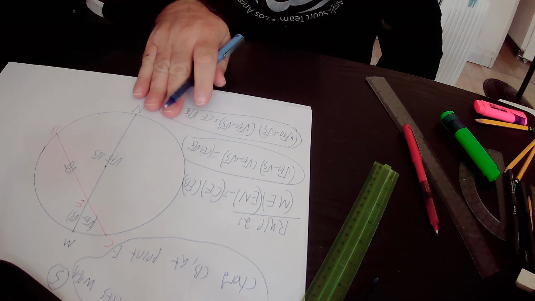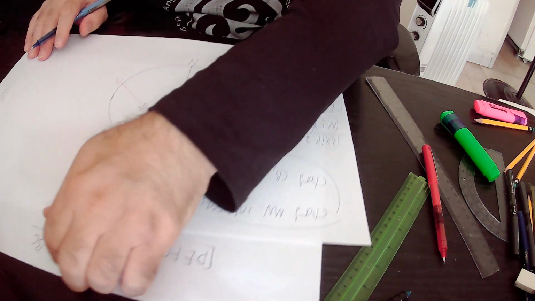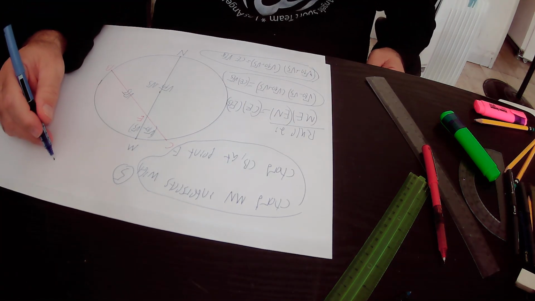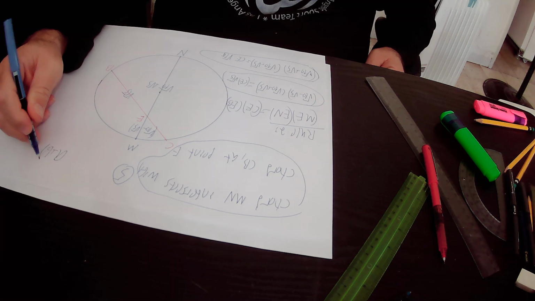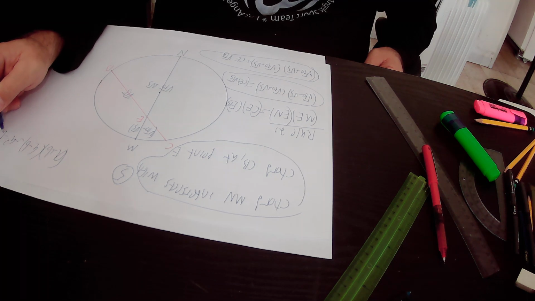According to the algebraic identity, it states that A plus B times A minus B equals A squared minus B squared.